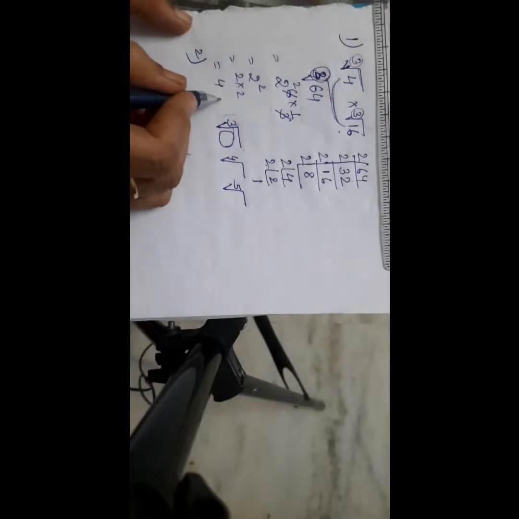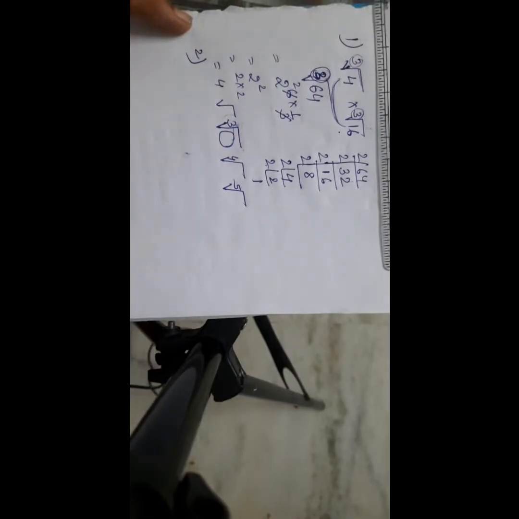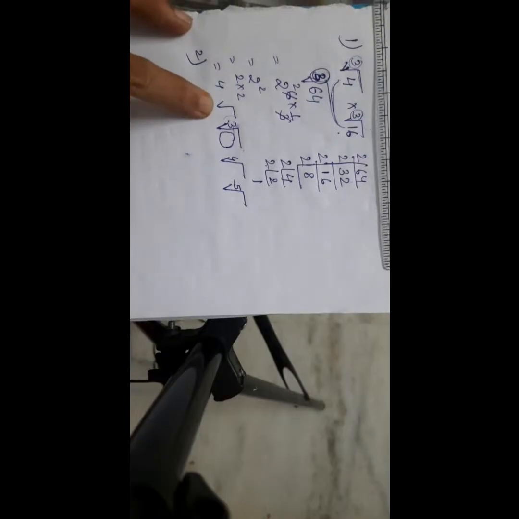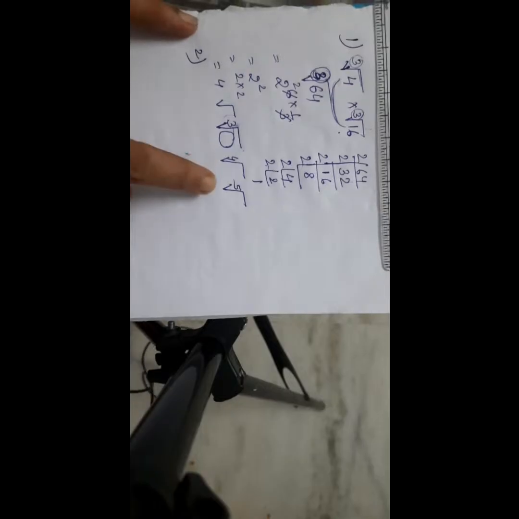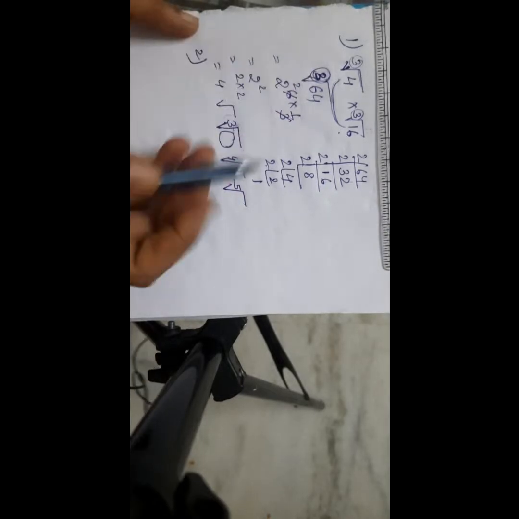If nothing is there, it is square root, and without any number we make pairs of 2 numbers. If there is 3, it represents the third root; if 4, 4 numbers; if 5, 5 numbers.